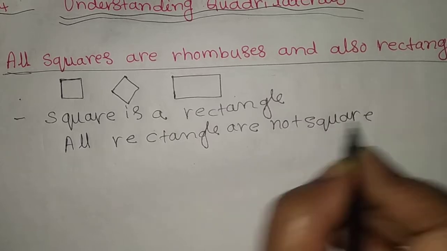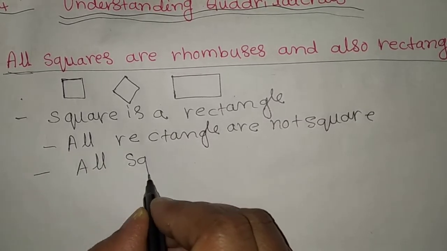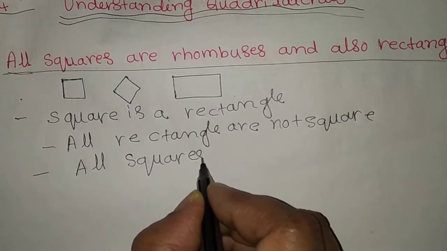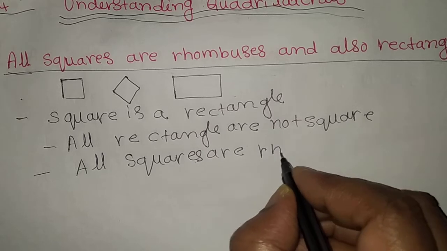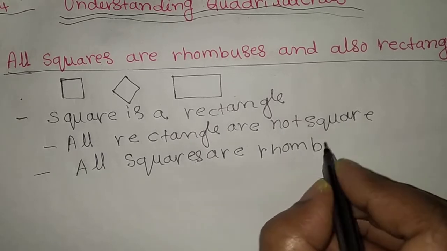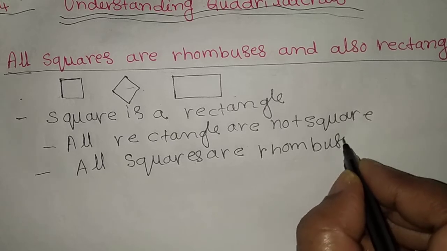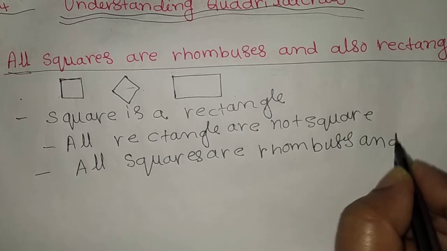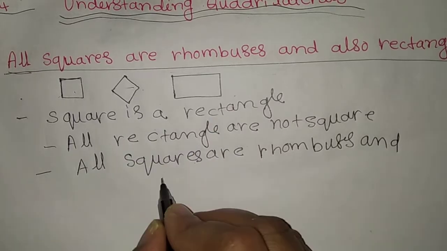Next point: all squares are rhombuses. All squares are rhombuses and rectangles.